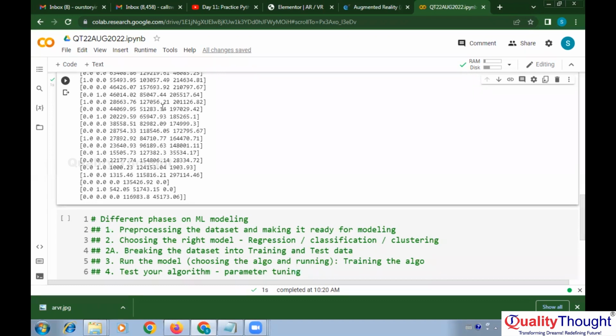Understood? So if you have 100 rows, you give 80 rows for the model to learn, and for the remaining 20 you hide the Y, you only give the X to the model and say, now that you have learned on 80 rows, please predict these 20 rows for me. The model will predict the 20 outputs.